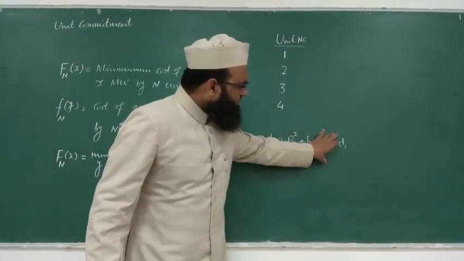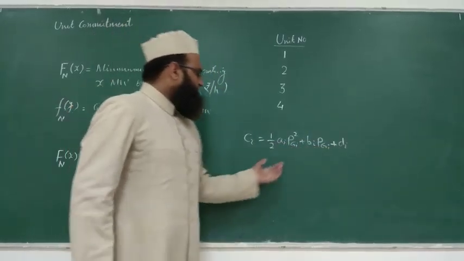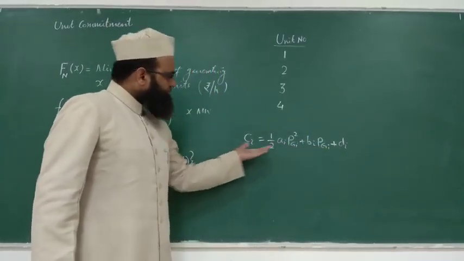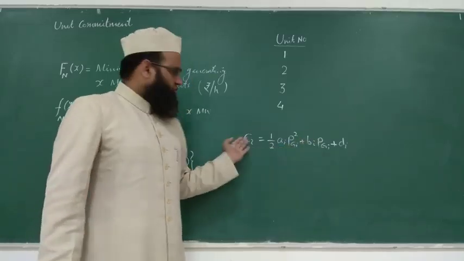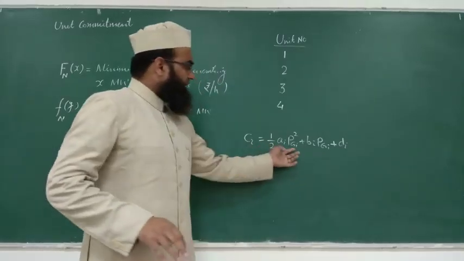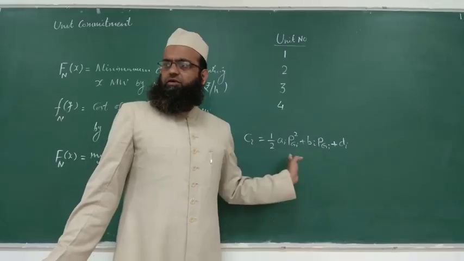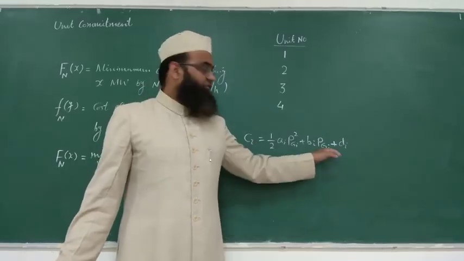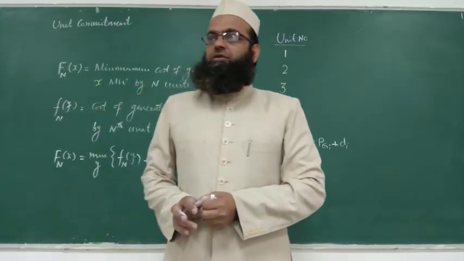Why this fixed parameter? Okay, we can understand that although PG is not fixed, with the variation of PG, cost will vary. But even if the unit is not operating, PG is 0, we still have some cost. Why? These are fixed costs. Suppose for 1 month the power plant is not operating.